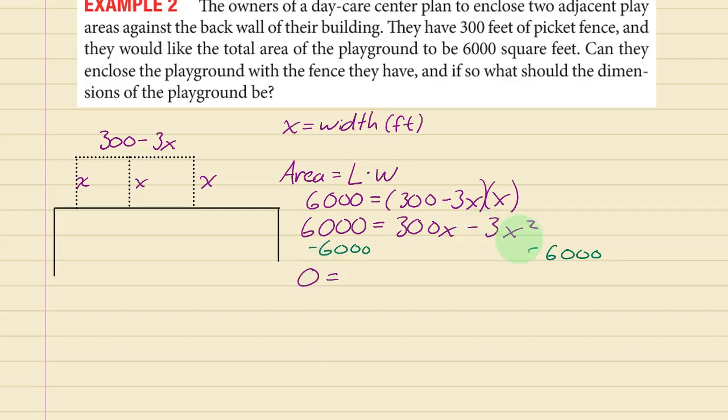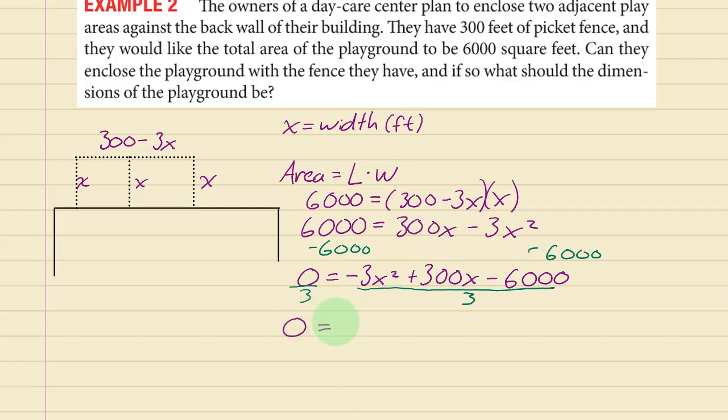I'm going to write the negative 3x squared first, and then plus the 300x. And I noticed that these are all divisible by 3, so I can make all the numbers smaller and nicer by dividing everything by 3 on both sides.